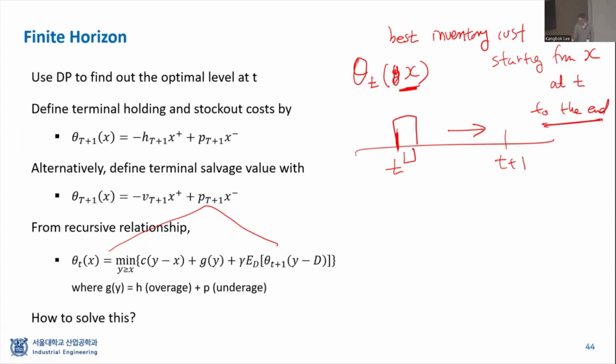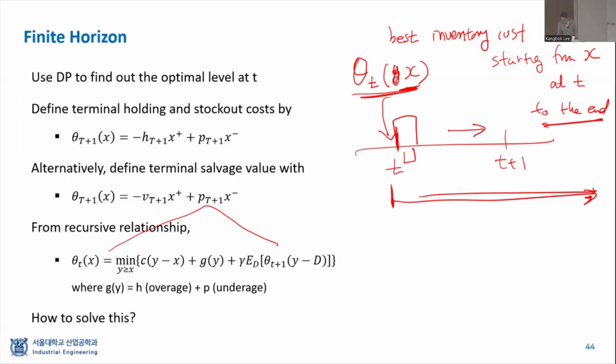In other words, my theta t is not just the cost of time period t. This is the cost from time t to the end. So it is the summation of all different costs from t and after t. So it's a mixture of many different periods' costs.